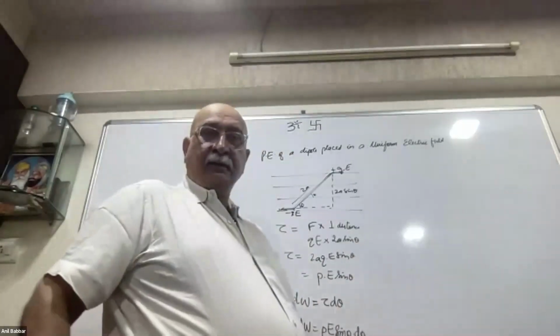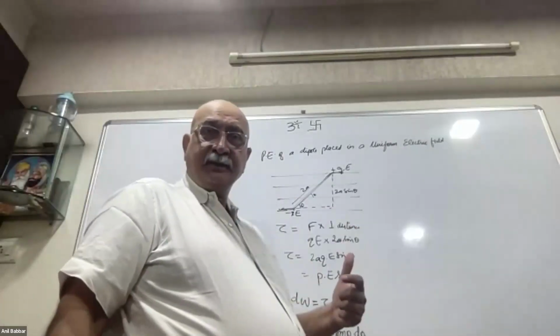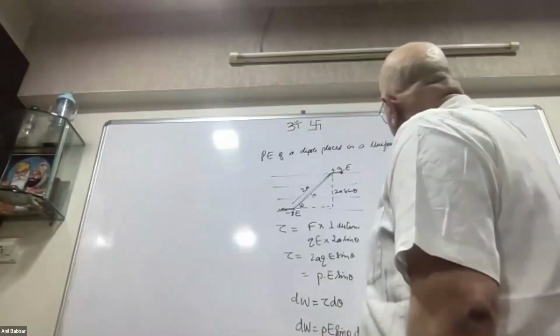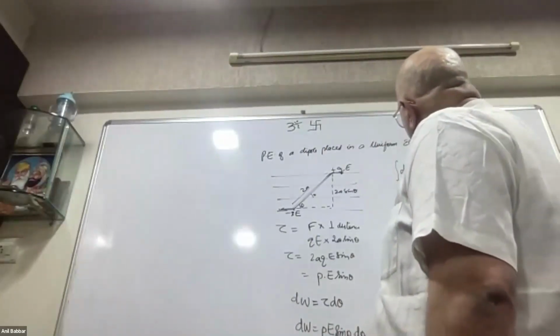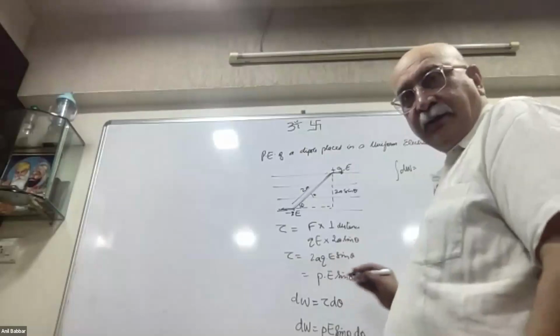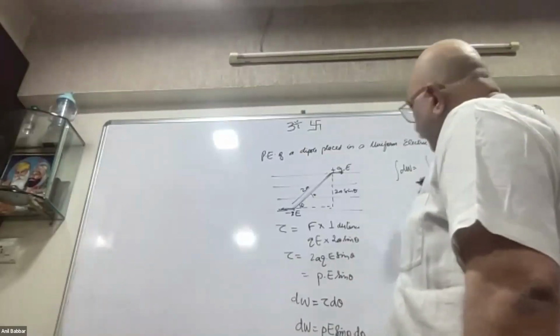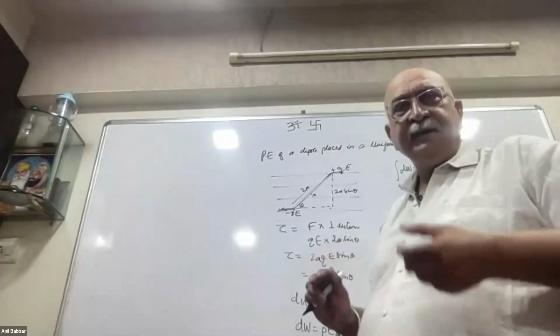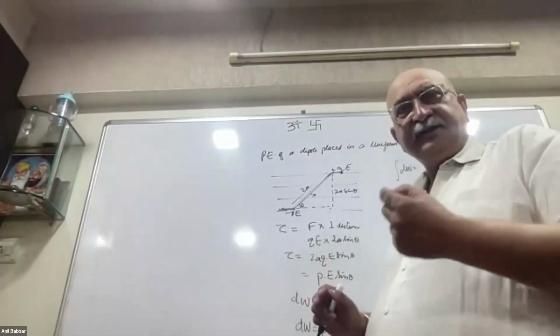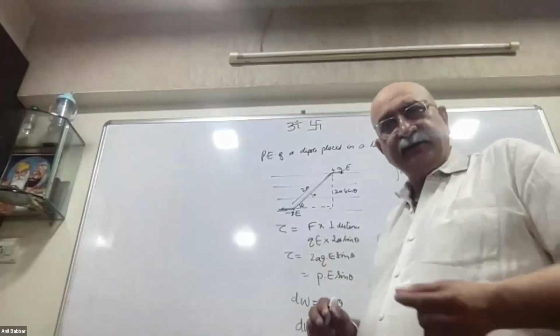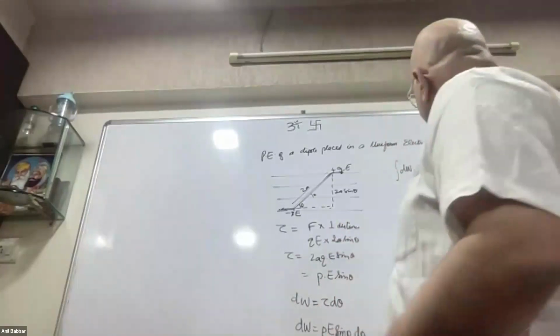But we need to find the total work done, so we can find it by integrating dW from, say, any two angles: let the initial value be theta 1 and the final value theta 2. So W is the integral of pE sin theta d theta from theta 1 to theta 2.